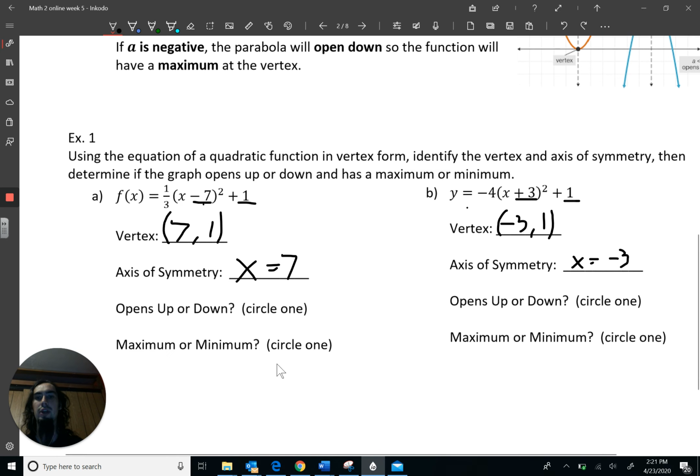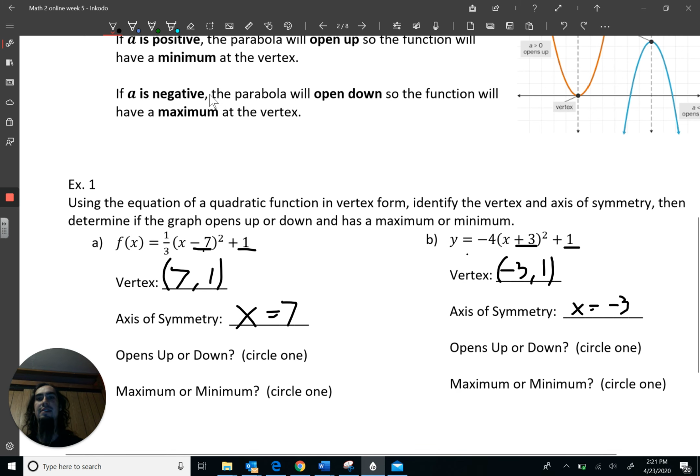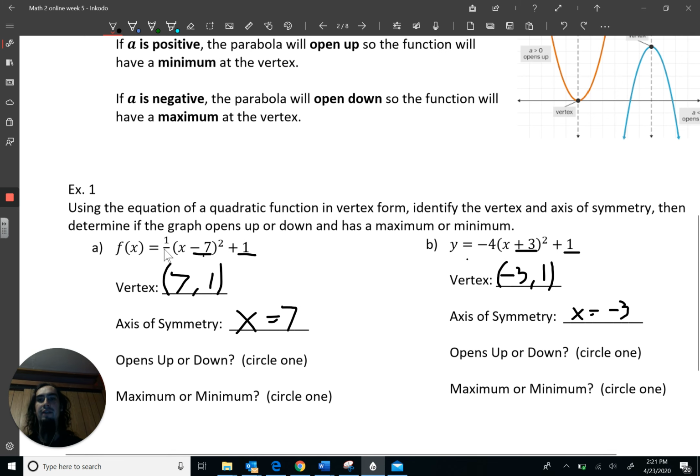Okay, opens up or down, max, min. We know we're talking about the a value now. Here's a. So our a value is 1/3. Do we care what the number is? No, right now we're just caring about the positive versus the negative. And 1/3 is positive, so that means that it opens upward. So I'm going to circle up. And is that a max or a min? Okay, well, if it's going up, that's going to be a low point.